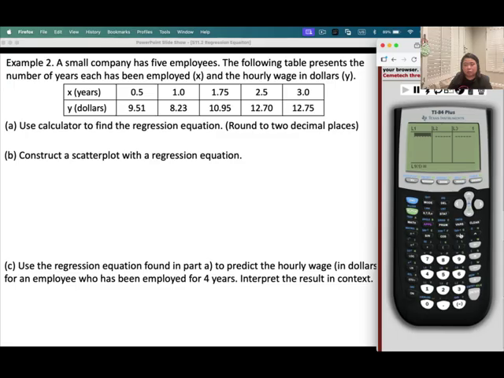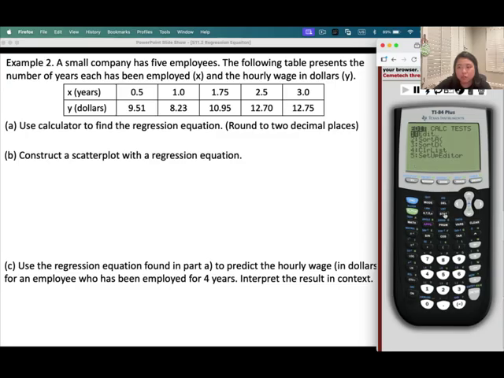Okay, let's plug in the data. Double check, your x will be on your L1, y will be on your L2. Follow the same instruction from the previous session.